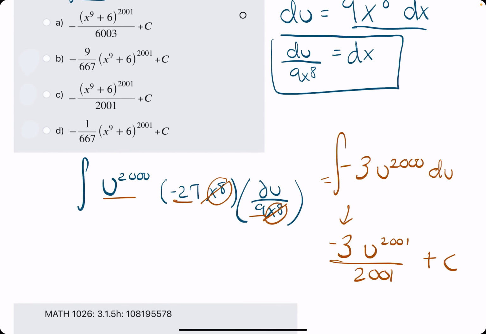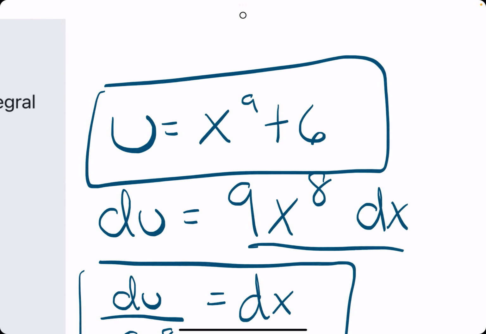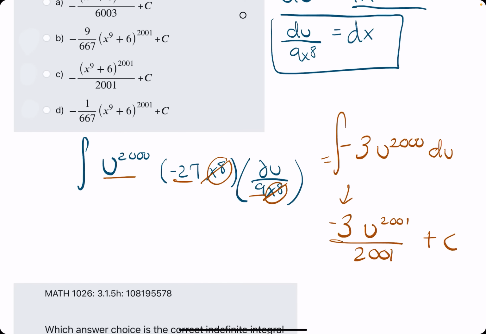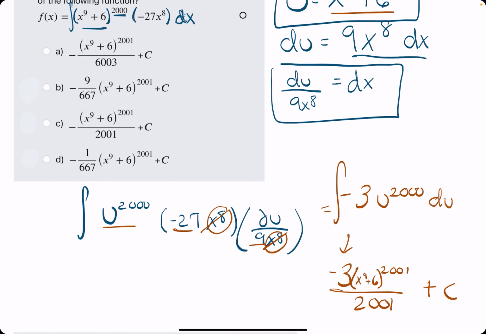That means we have to get this u expression back in terms of x by substituting back in x to the 9th plus 6 in place of u. And we are looking for this answer.